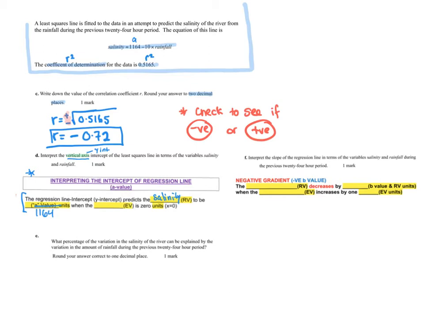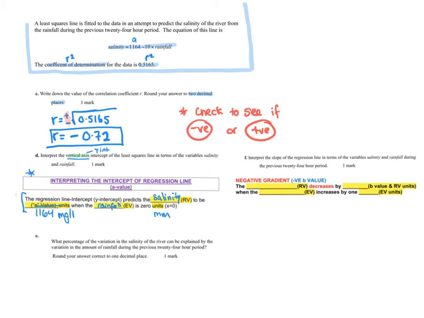So I've got to change the units, which was, I think salinity was milliliters. So I'll just write milligrams per litre, when the EV, which is the rainfall, is 0 millimeters. Okay, so you're putting the units of the EV there.